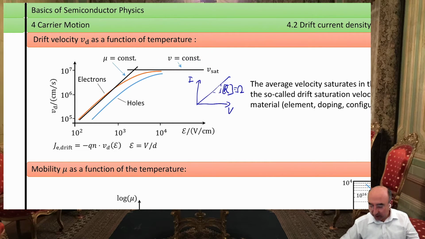Can you tell me, can you imagine how we reach the constant velocity area? Why the semiconductor is in a certain area like an ohmic resistor, and if we increase the voltage further, everything is constant. Why is it the case?